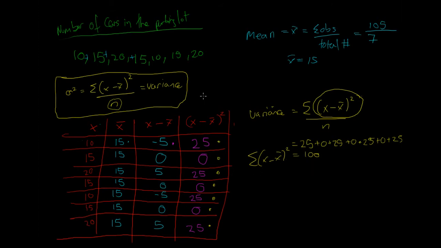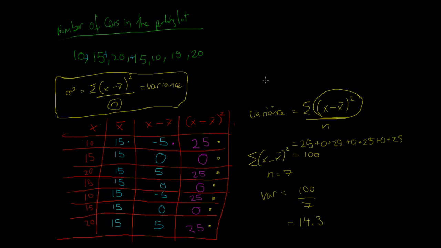Because I had a week's worth of observations, n is equal to 7, so our variance will be equal to 100 divided by 7, and that's roughly 14.3. I've rounded that to one decimal place. So that is how we calculate our variance.